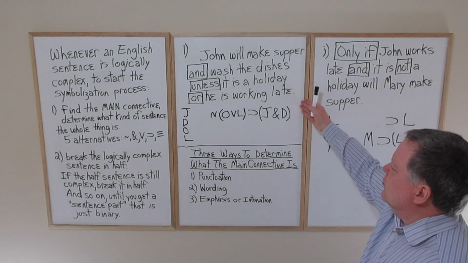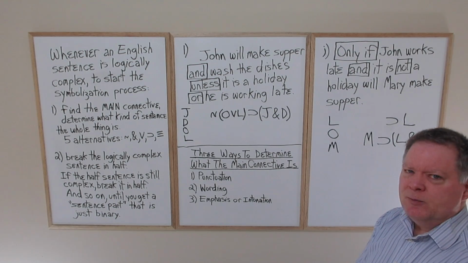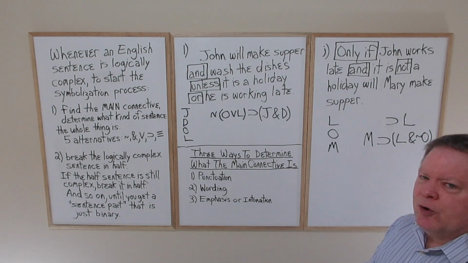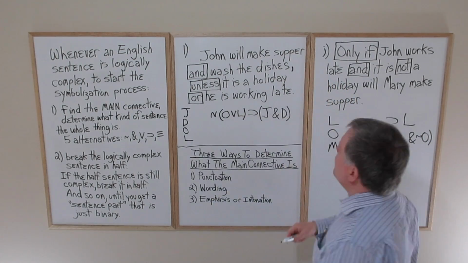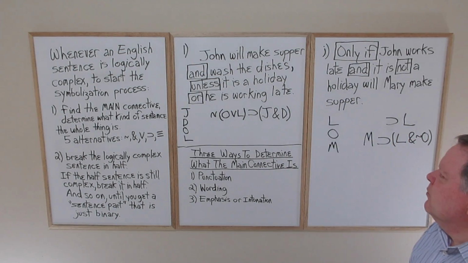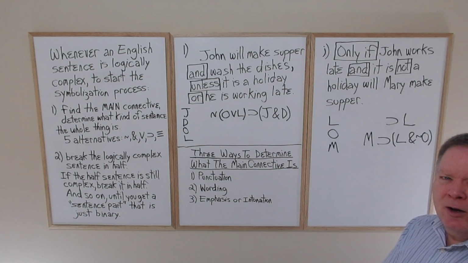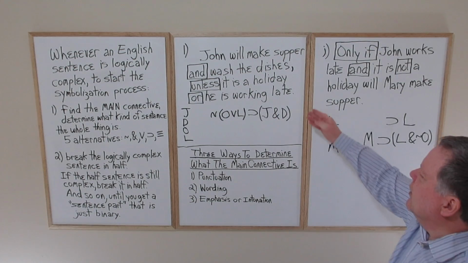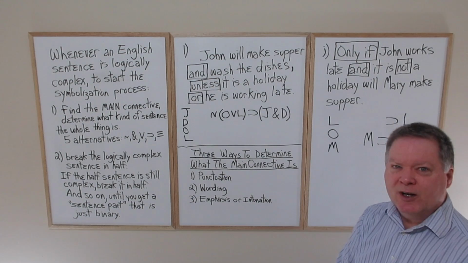In this case, I maintain that this is the only one that's plausible, but in order to make things extra clear, I would have put a comma after the word dishes, so that we would have John will make supper and wash the dishes, comma. So that identifies a clear break in the subject matter. Then we have unless it is a holiday or he is working late.